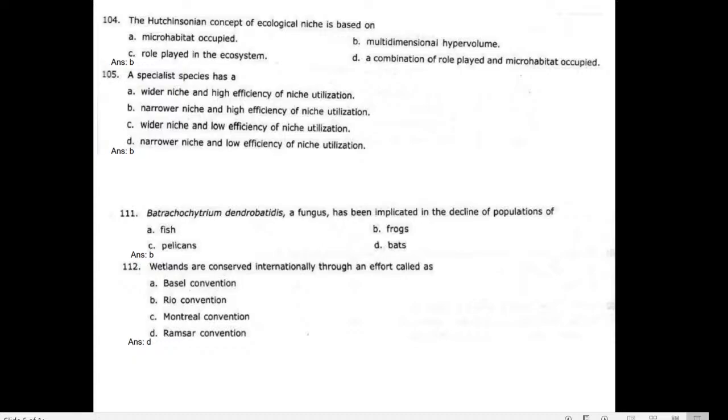Next, the Hutchinsonian concept of ecological niche. Here the niche is mentioned. One more thing you want to know in the ecological system is biodiversity.